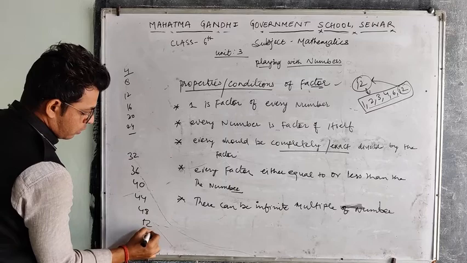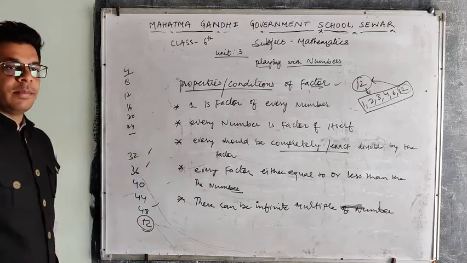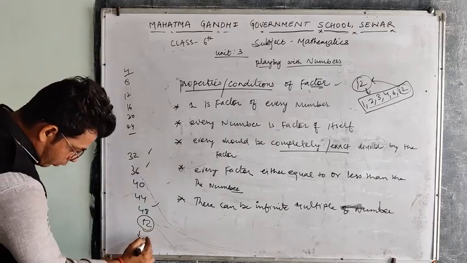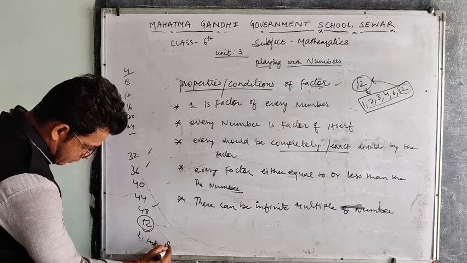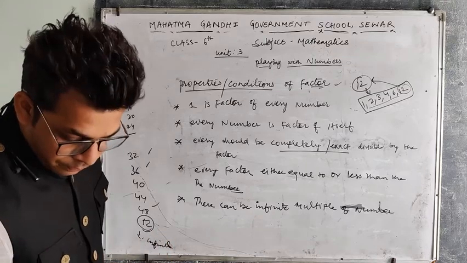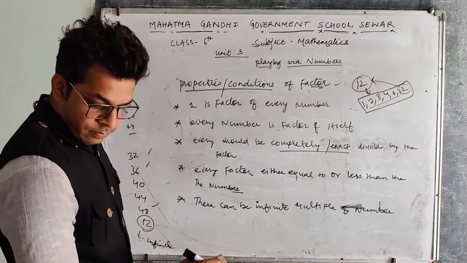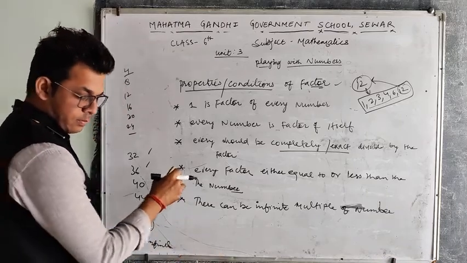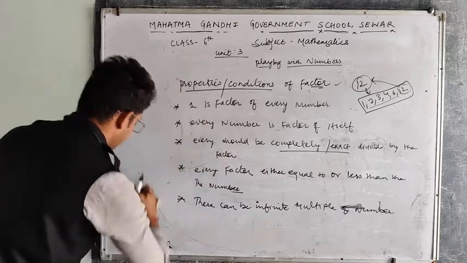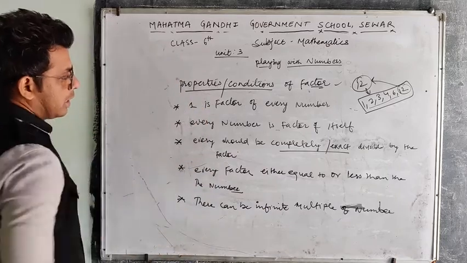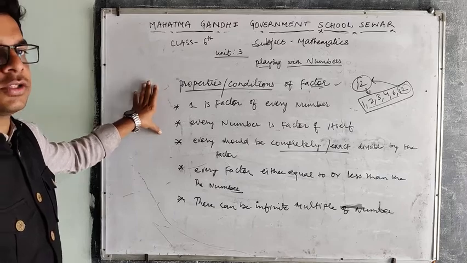All these are multiples, and we can go up to infinity. So these are the properties of factors and multiples.